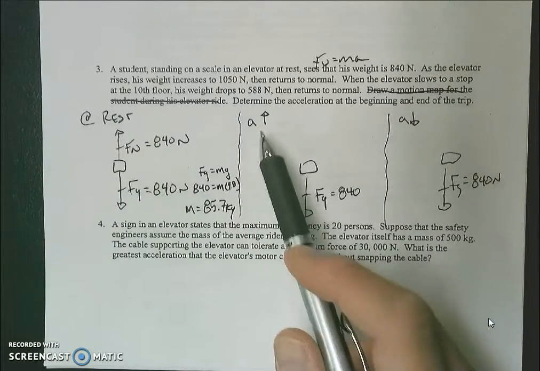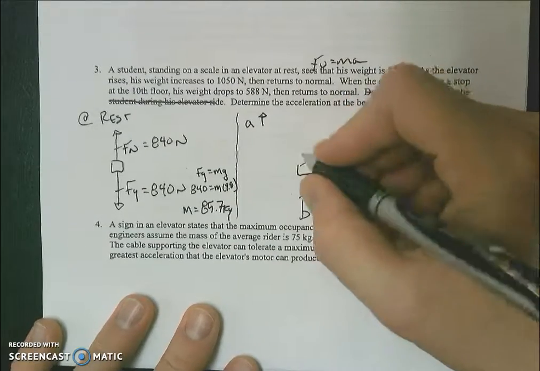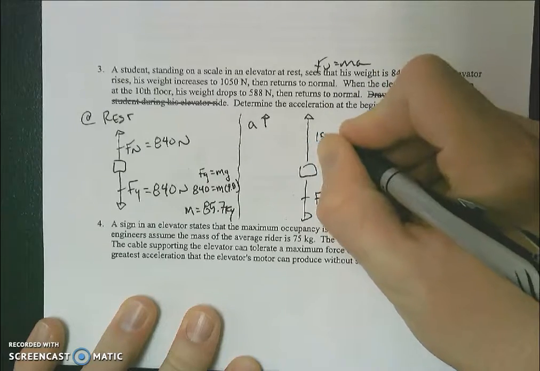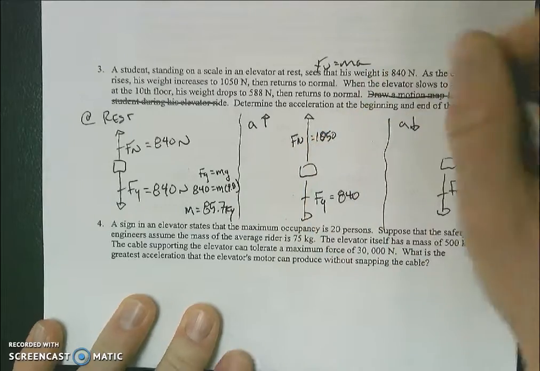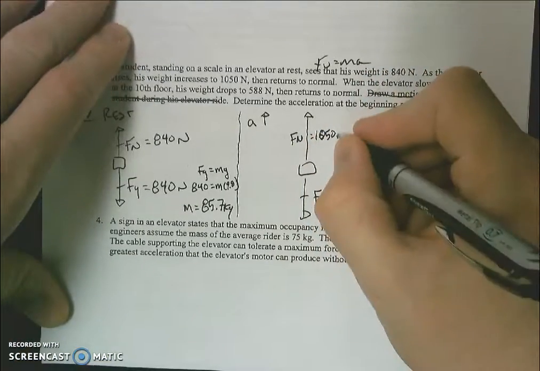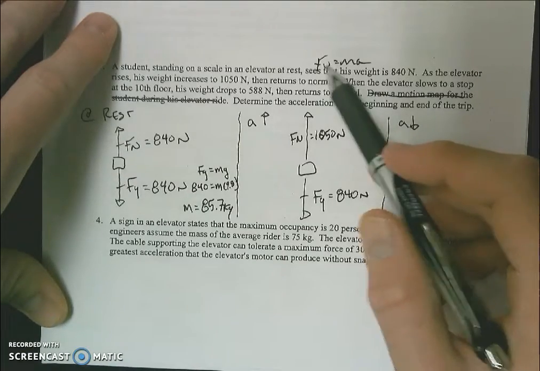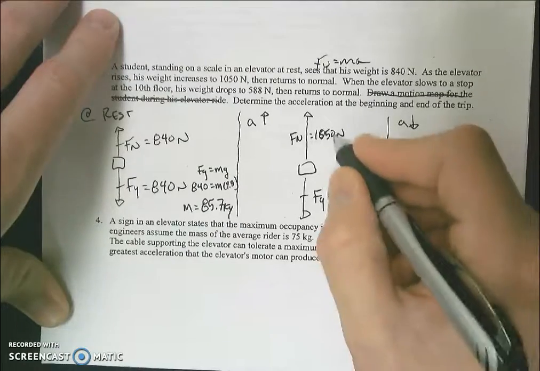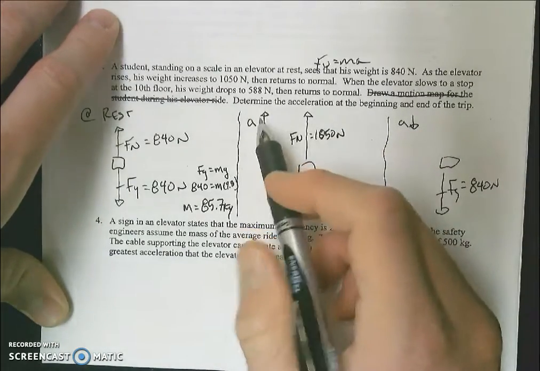When we're accelerating up, we know that his weight increases to 1,050 newtons. So that means I have 1,050 newtons for my force normal. If I want to know what the acceleration is, I'm going to need to use FUMA, but before I can do that, I need an unbalanced force. I know that this is bigger than this, so my FU is upward.